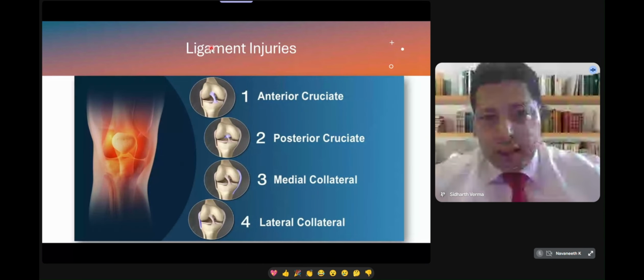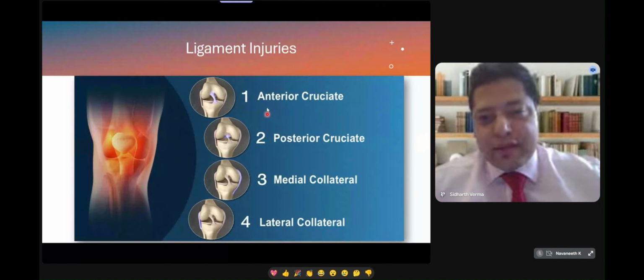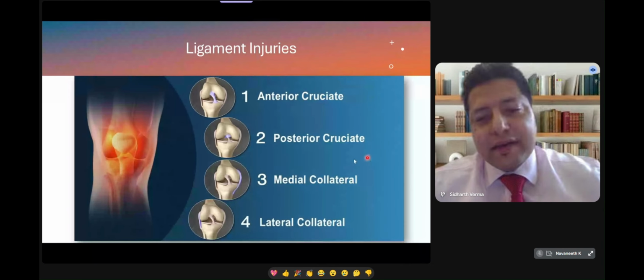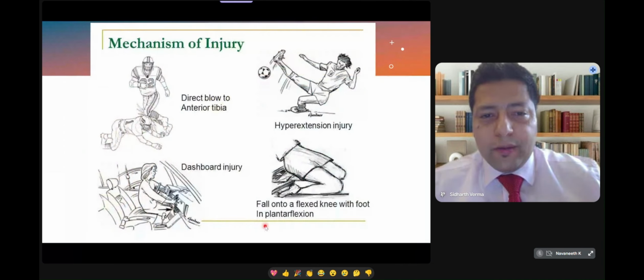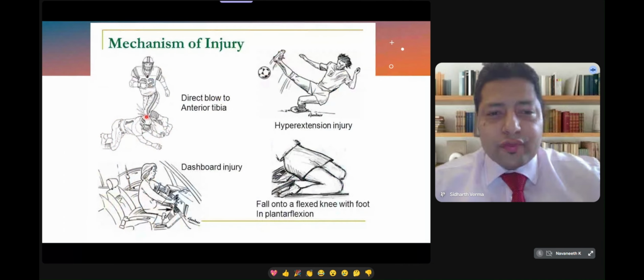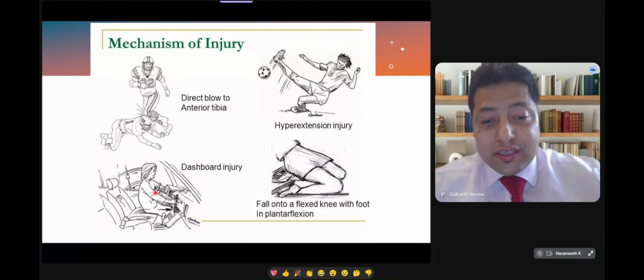What are the types of ligament injuries, I have already described: anterior and posterior cruciate ligaments, which are in the shape of a cross, and medial and lateral collateral ligaments. If somebody is playing, say, football, and there is a direct blow to the anterior bone, or there is a dashboard injury, meaning there is sudden braking and you're not wearing a seat belt and you go ahead, or maybe you fall onto a flexed knee with the foot in plantar flexion, in that case it can happen.